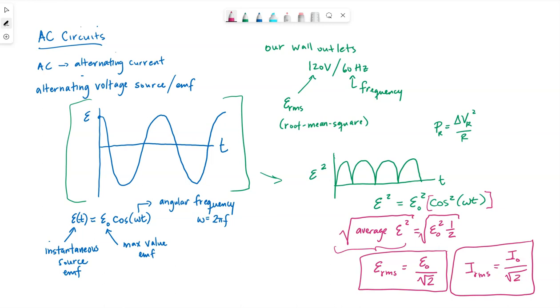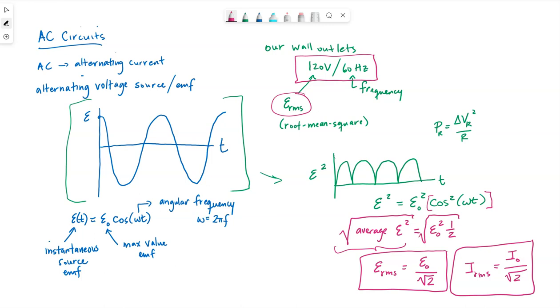So you can think of this RMS value as an average of sorts. So when you look at our outlets here, and we say that it is a 120 volt outlet at 60 hertz, the 120 volts is this RMS value. It is not a peak value.